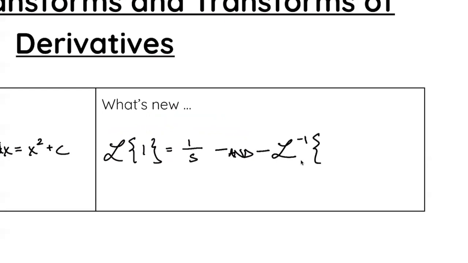The inverse would mean if I have 1 over S and I want to go backwards, where did that come from? In other words, what function did I take a Laplace transform of to end up with 1 over S? And that would be 1, okay? And so we have, again, this pair of inverse functions.